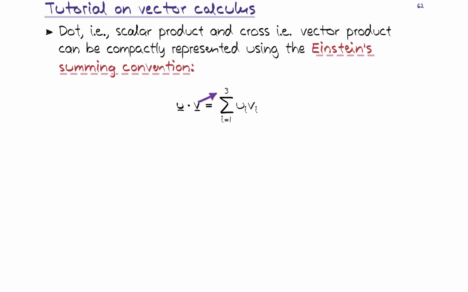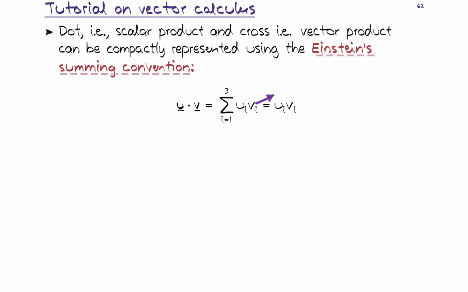We can skip the summation entirely and simply write u_i times v_i. This is known as Einstein's summing convention.